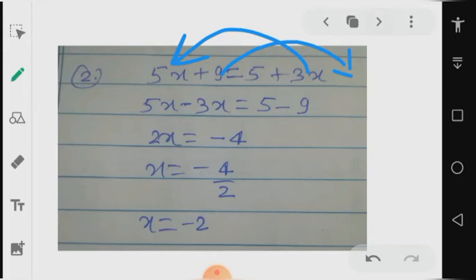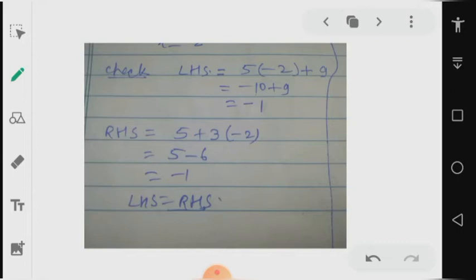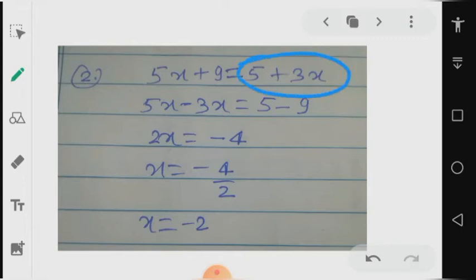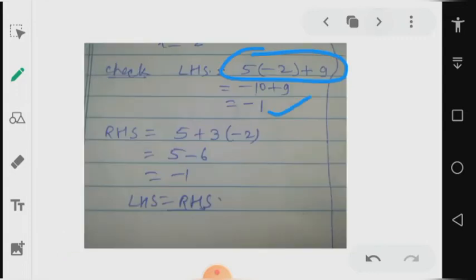Now to check our answer, we have to put the value of x in the given equation. The LHS is 5x plus 9. We put the value of x as minus 2. Now it is minus 10 plus 9, and the value of LHS is minus 1. What about the RHS? The RHS is 5 plus 3x, so we put minus 2 in place of x.